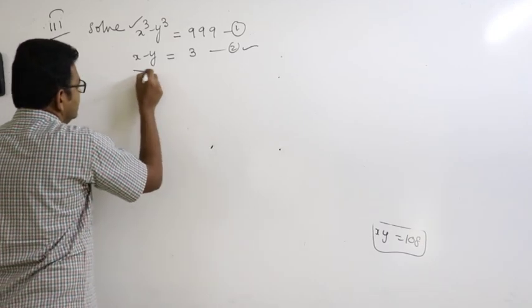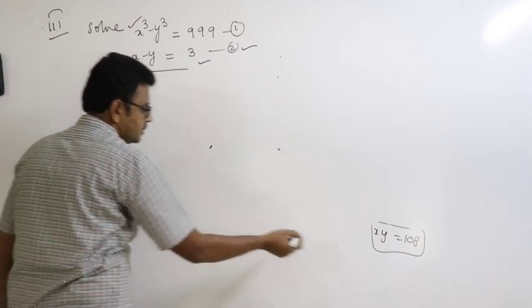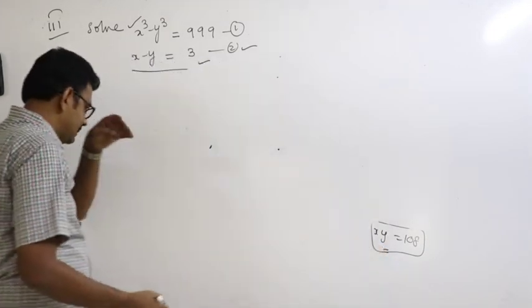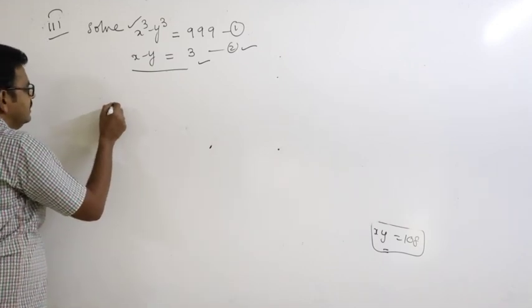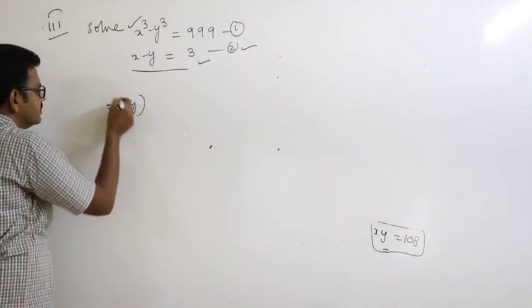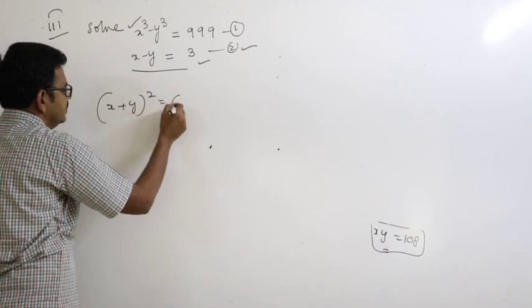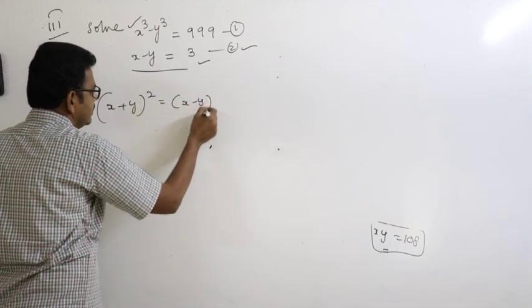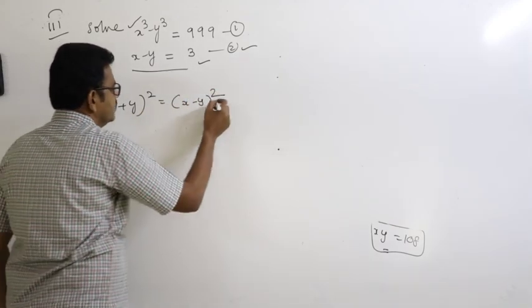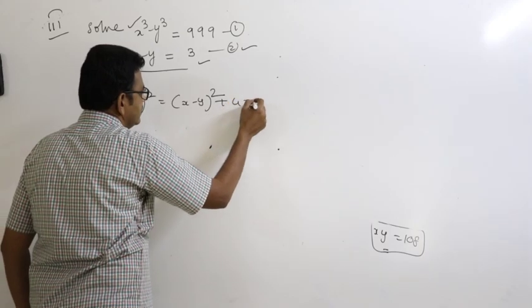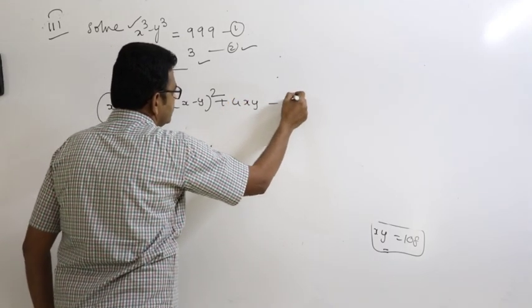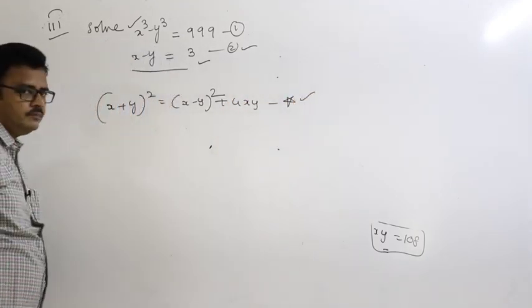We know the value of x minus y and also xy. Now we can consider x plus y whole square is equal to x minus y whole square plus 4xy. These are all algebraic identities.